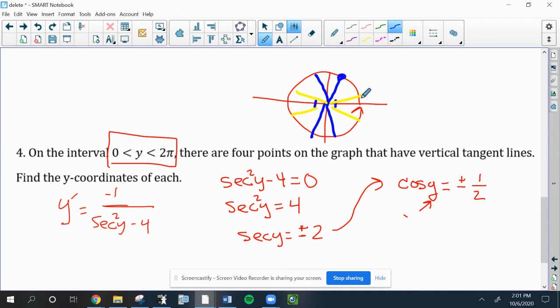So this one is 2 pi over 6, 4 pi over 6, 3, 4, 5, 6, 7, 8 pi over 6, 9, 10 pi over 6. So if you remember what we saw on the graph, those were the y-coordinates of all those points that had vertical tangent lines. So that should do it.